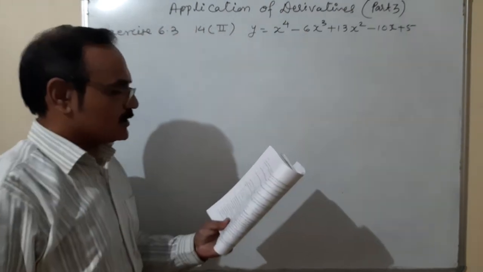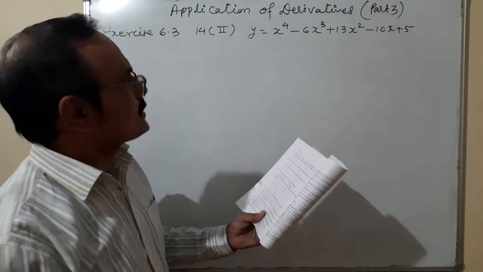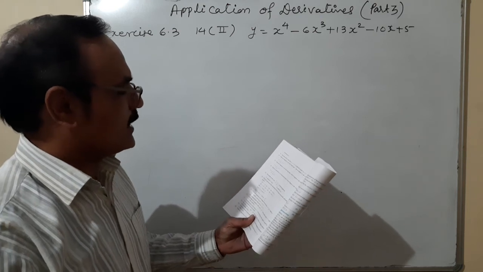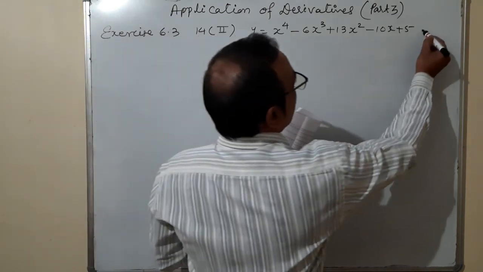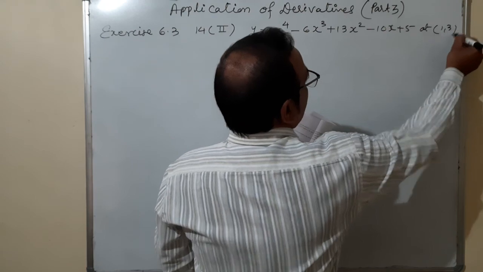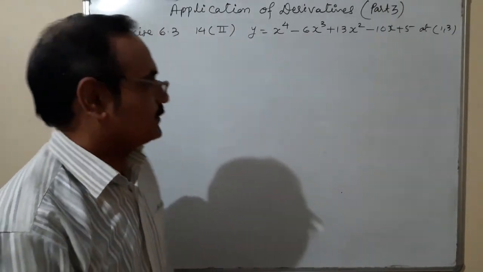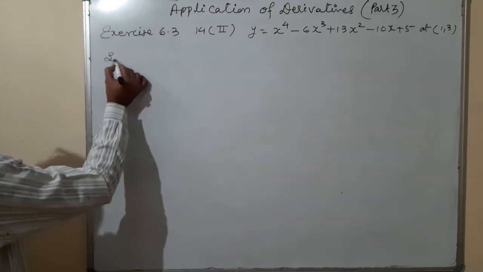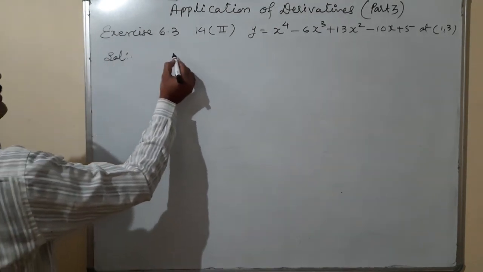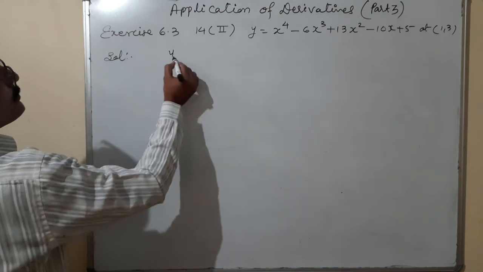Just let me check the question. So x to the power 4 minus 6x cube plus 13x square minus 10x plus 5 at (1, 3). Okay. What are we finding? Find the equation of tangent and normal. y is equal to this term.